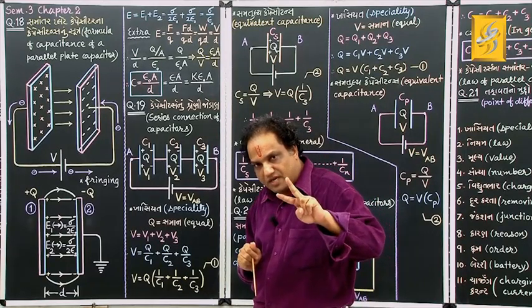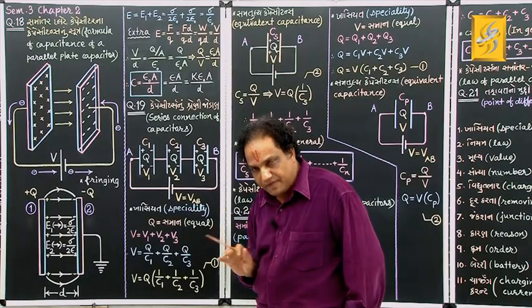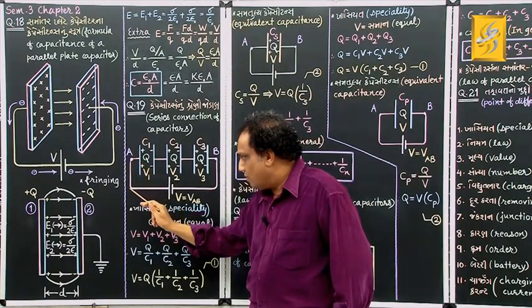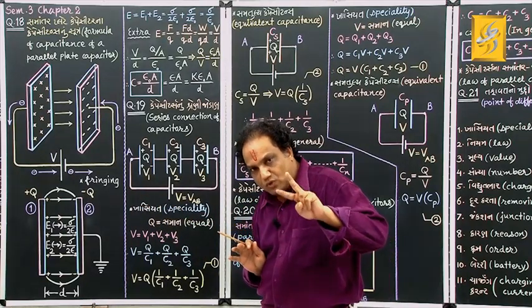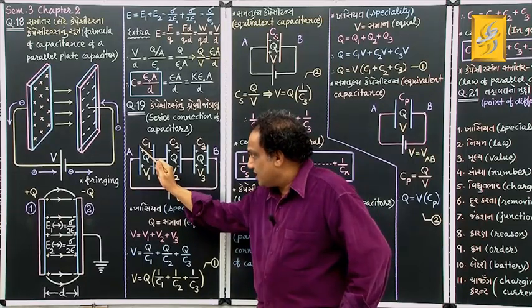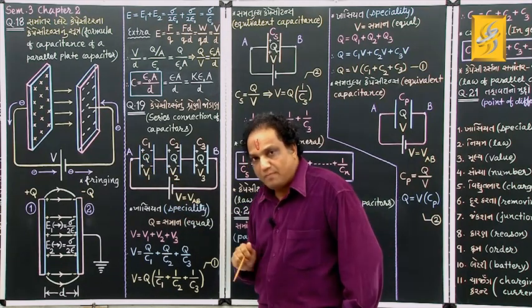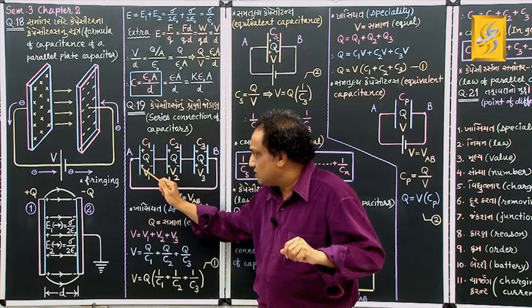Suppose 2 electrons are lost by this plate. I mean 2 electrons start getting displaced from this plate to the positive terminal of the battery. Correct?